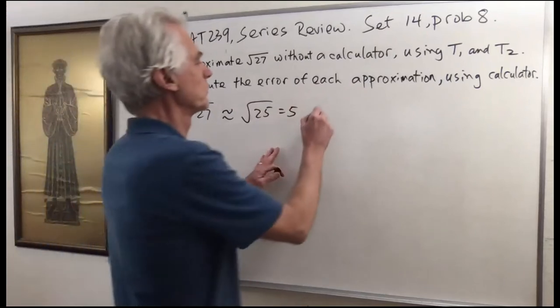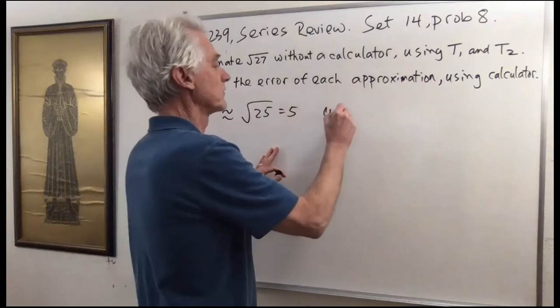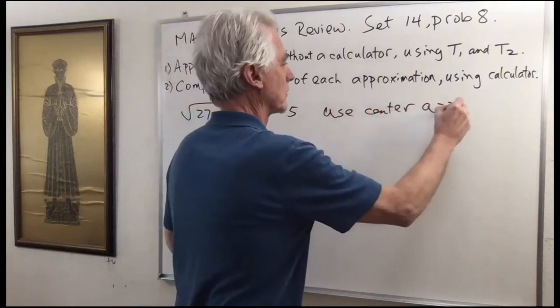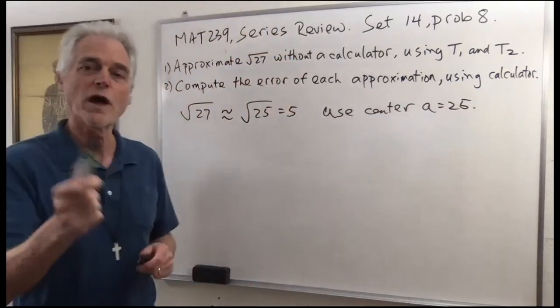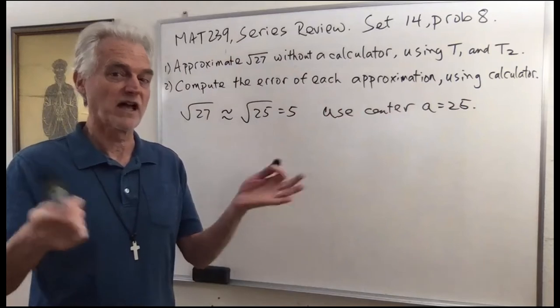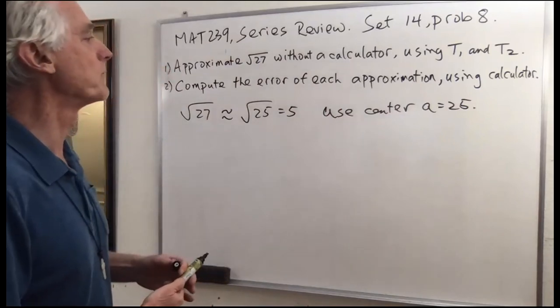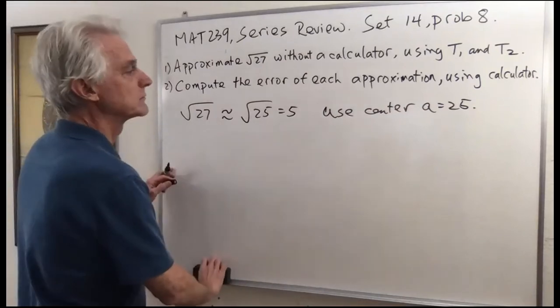This tells you that we're going to want to use a center of A equals 25. In fact, that's the first question in the WeBWorK problem, what value of A do you want for the center? So make sure you get that right before you continue.